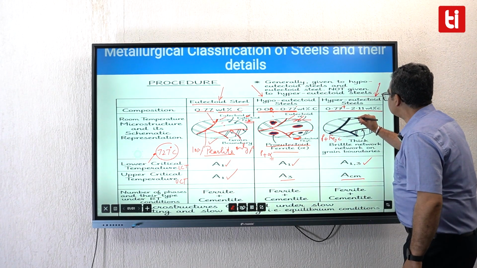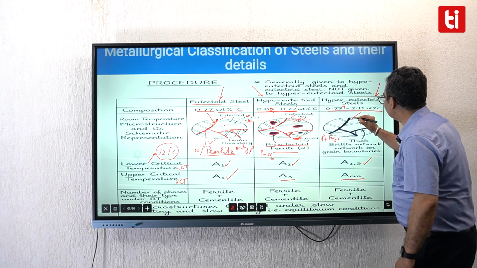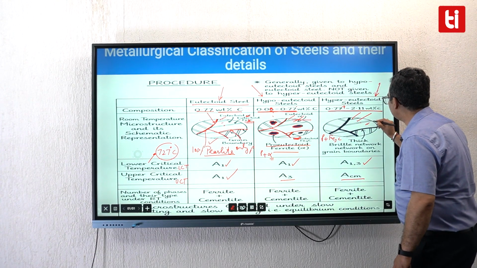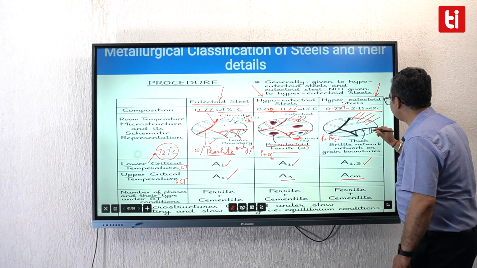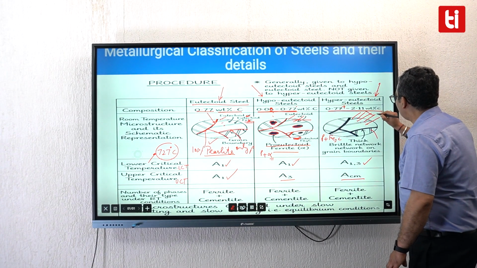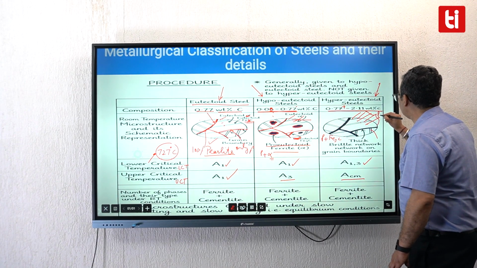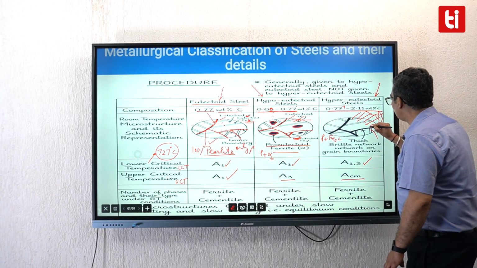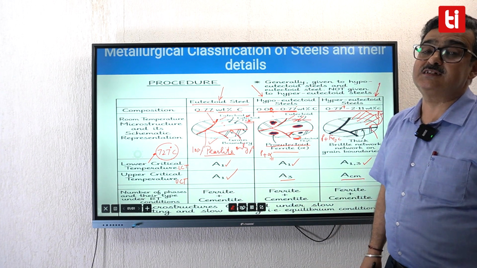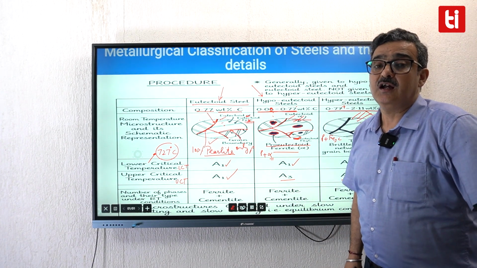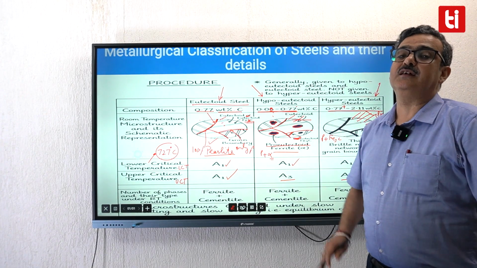So here we have eutectoid ferrite, thin lamella eutectoid cementite. All together they form pearlite, but along with pearlite we have pro-eutectoid cementite, which unfortunately is sitting on the grain boundaries, which is not a good thing.